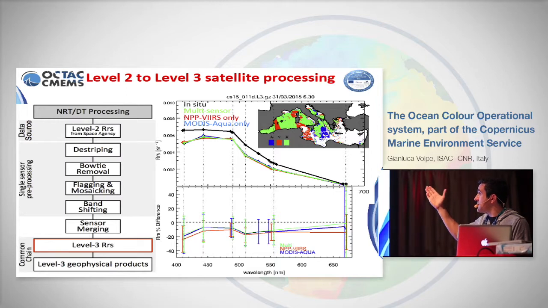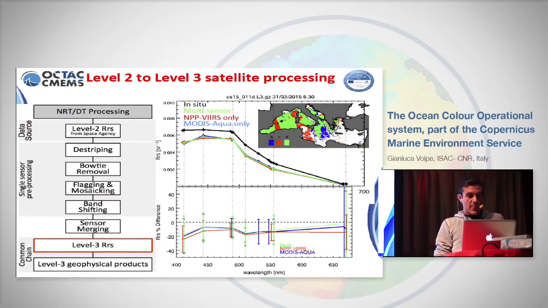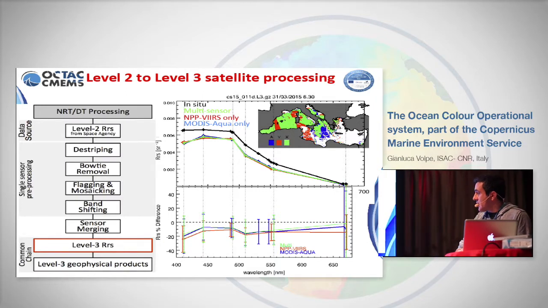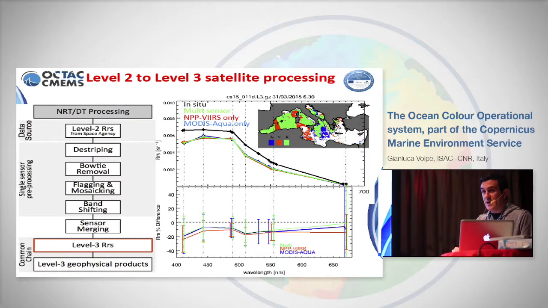So you will see that there is a significant increase in the number of the observations. And this is an estimate of how good the merging is with respect to the in situ observations. All of them underestimate the in situ observations, but still the green doesn't really add any significant source of error.